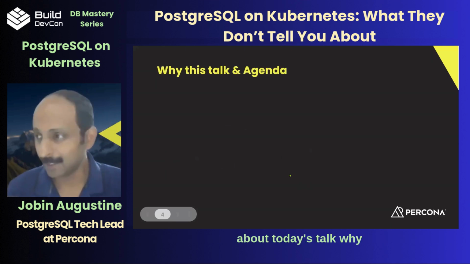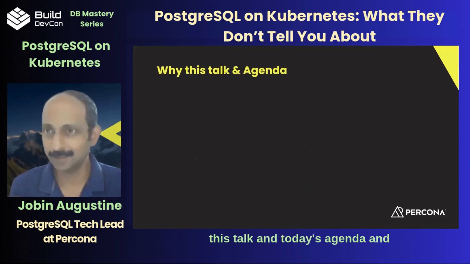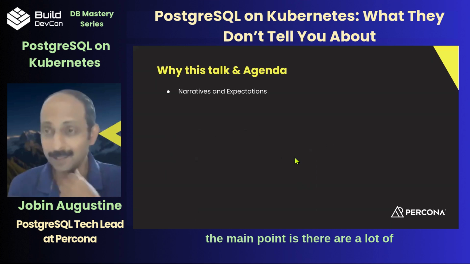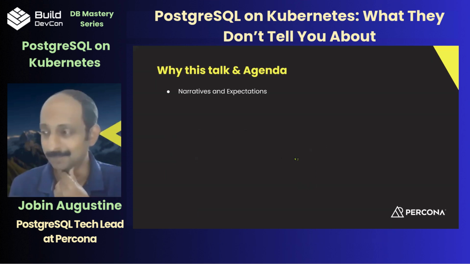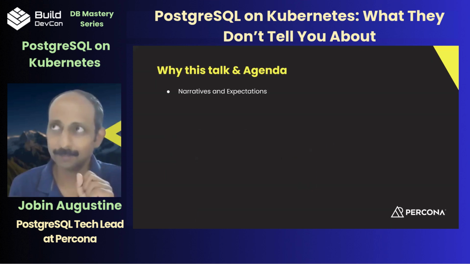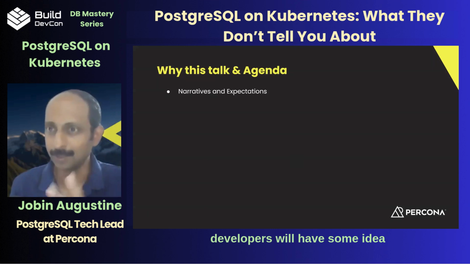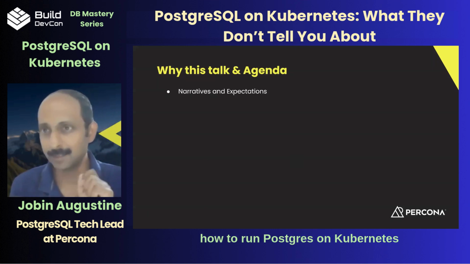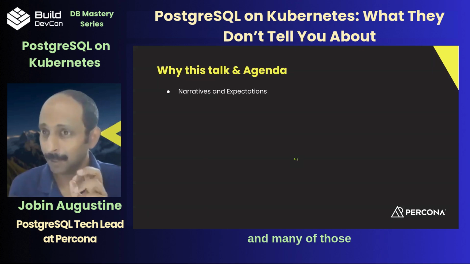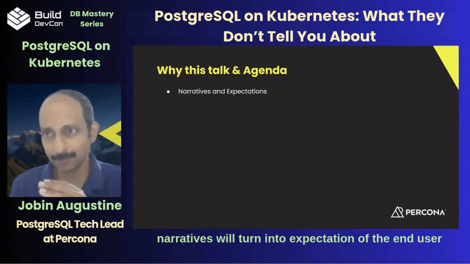About today's talk, why this talk and today's agenda. The main point is there are a lot of narratives about how to run Postgres on Kubernetes, and that comes with the developer idea. So the developers will have some idea how to run Postgres on Kubernetes, and many of those narratives will turn into expectations of the end user.